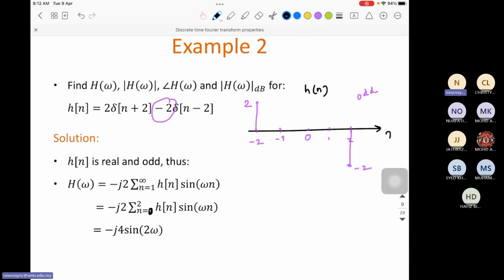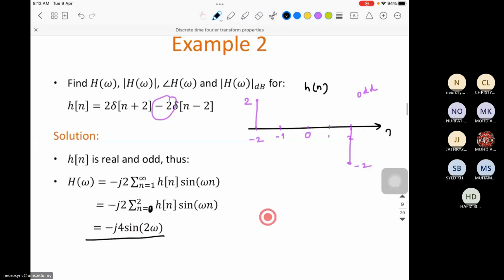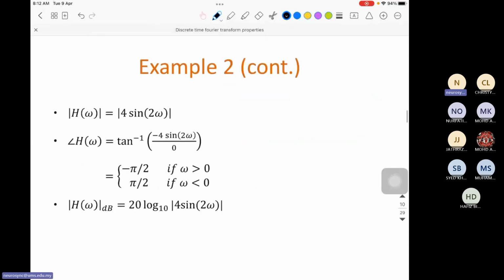So what will you get as output? Minus j times 4 sin of 2 omega. So the magnitude is this. Then the angle you can find is the tan inverse of imaginary part by real part.